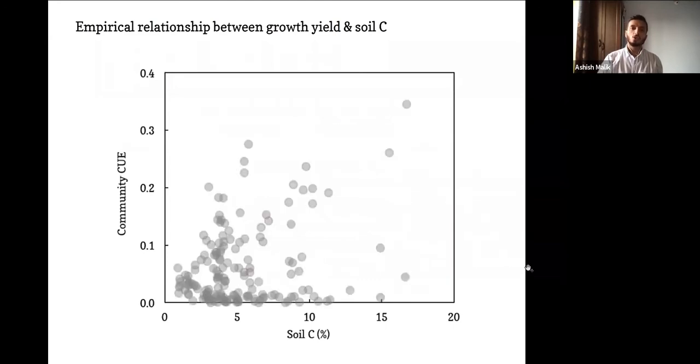And what we saw here was that if we try to relate the carbon use efficiency to soil carbon, we found that there was a big cloud.